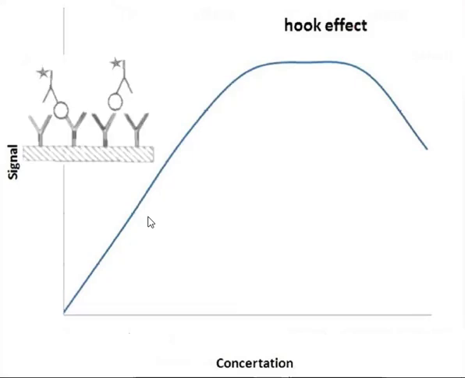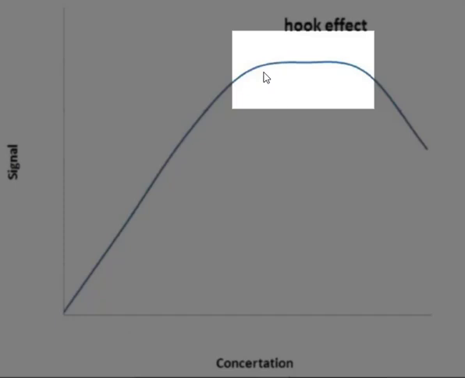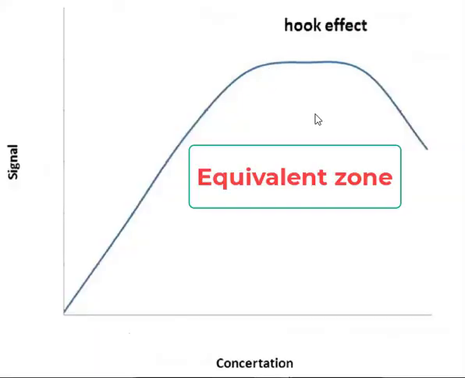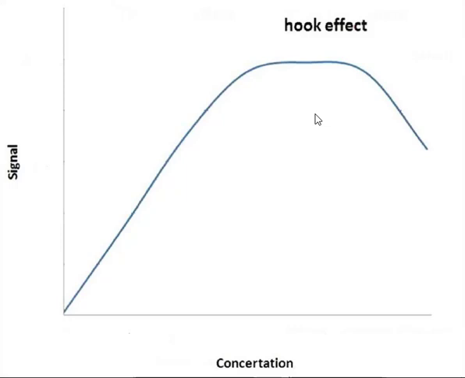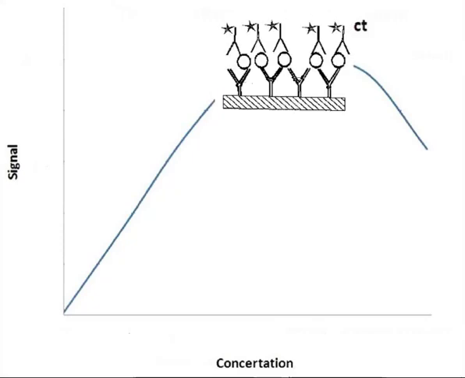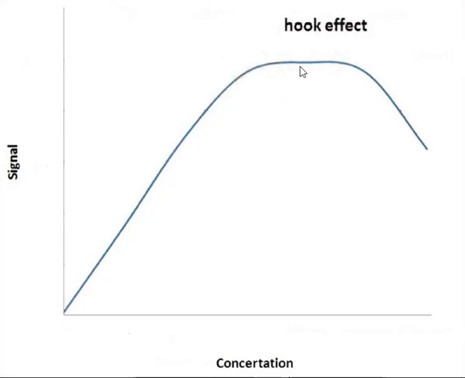As you see here, the analyte is lower than the binding capacity of a capture antibody and detector antibody. This area is called the equivalence zone. In the equivalence zone, there is an optimal ratio of capture antibody and antigen, and as you see here, the detector antibody can easily bind to the antigen and the signal is captured.